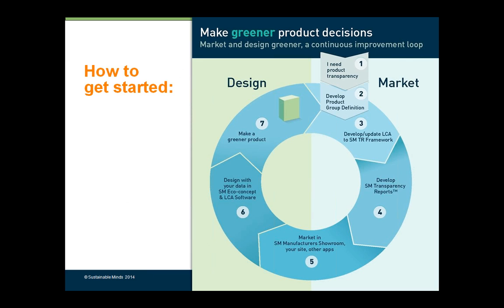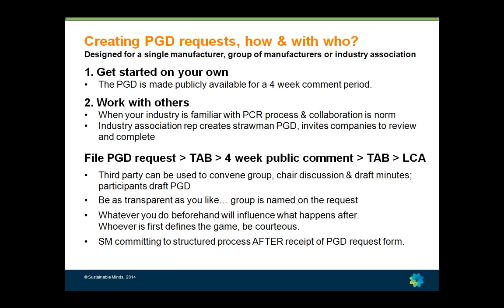I want to take you now to the details of step number 2, which is how to develop a product group definition. You start on your own, if you can't find anybody to work with, or you work with others to create a PGD, or product group definition. That happens by filing the PGD request.